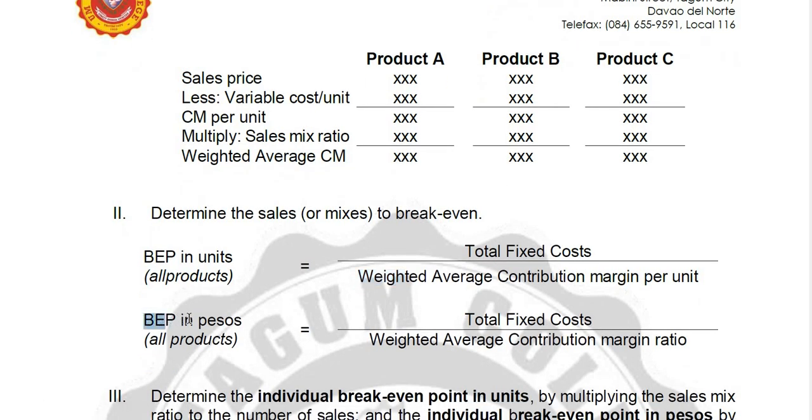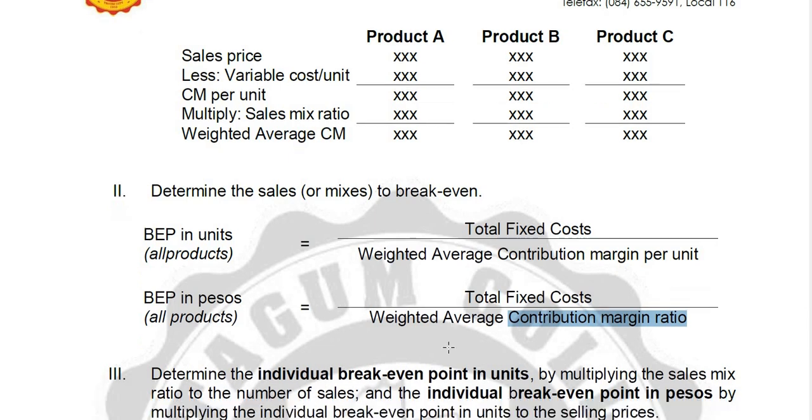So, yung break-even point in pesos naman, that is your total fixed cost, and you divide it by the weighted average contribution margin ratio. So, this time, percentage naman yung i-divide or gagamitin as your denominator.